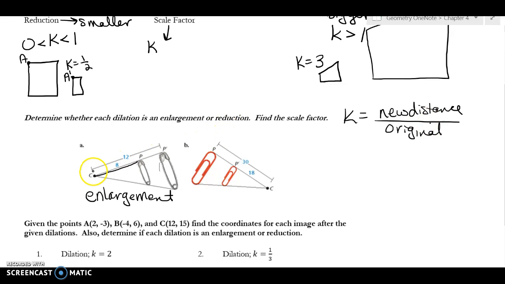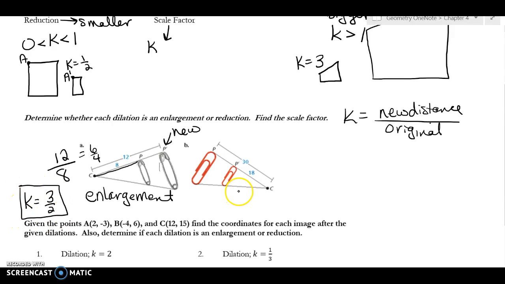So my new distance is from C to C prime because this is new. So my new distance is 12 over my original distance, which was 8. That reduces to 6 over 4, which reduces to 3 over 2. And that's my scale factor.